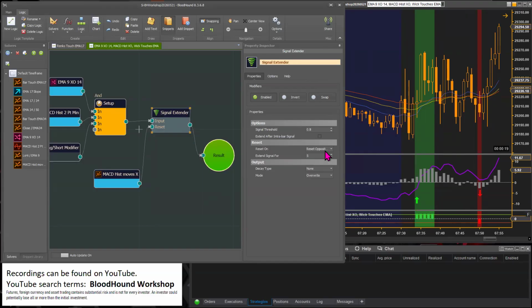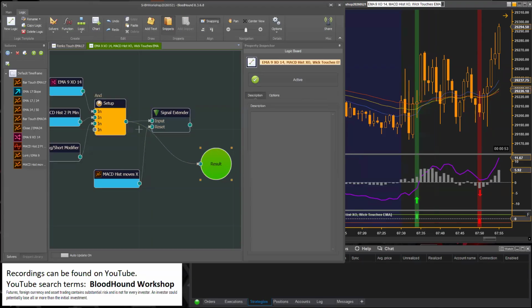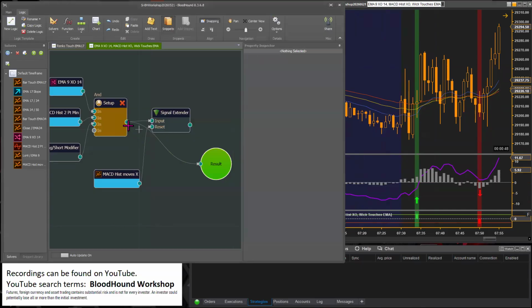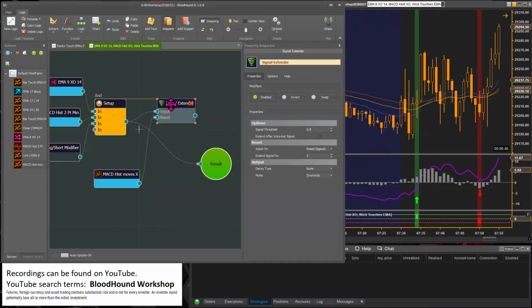Now, going back to our resets, how do we know that we needed to use reset opposite signal as opposed to the default? The default is set to reset signal. So we turn the reset signal off and enable reset opposite signal. Here are our signals going into the signal extender.